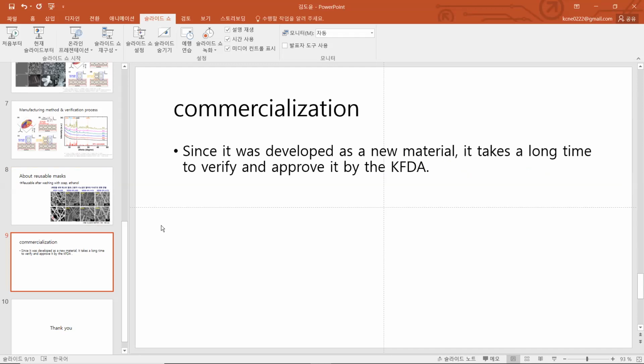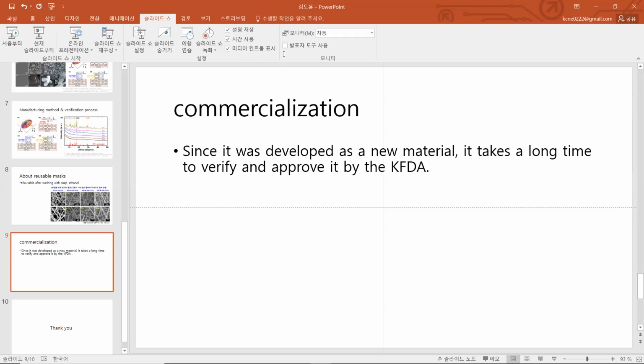Because a mask is very close to the face, it is important to check for lung problems or other health problems, so it should be confirmed by the KFDA for commercialization.